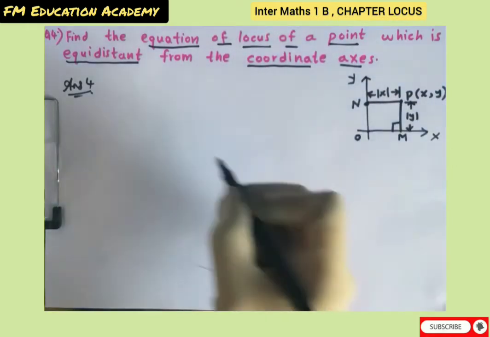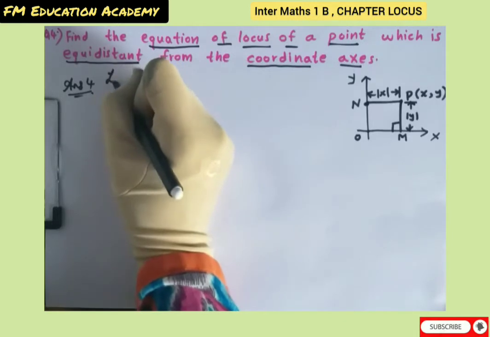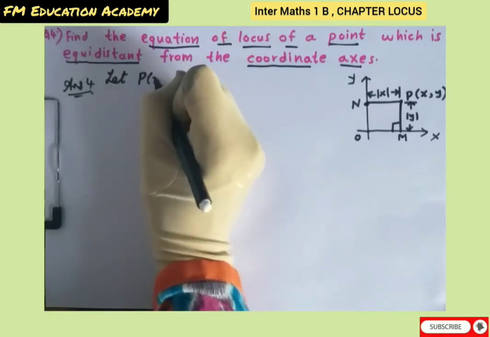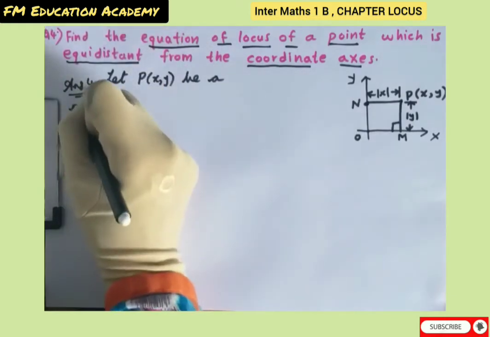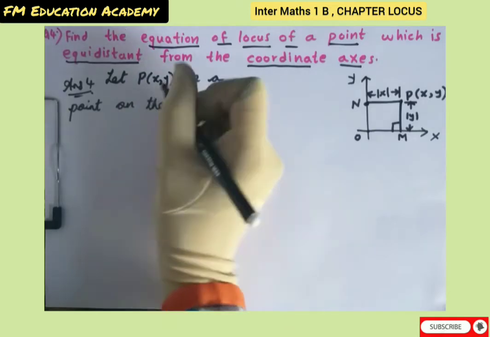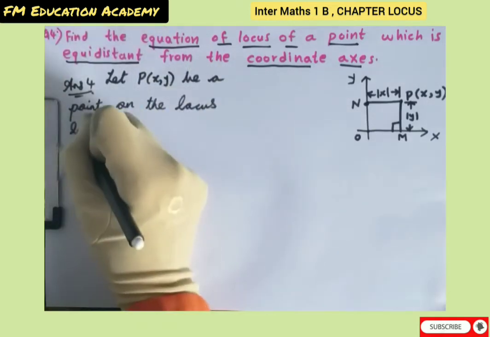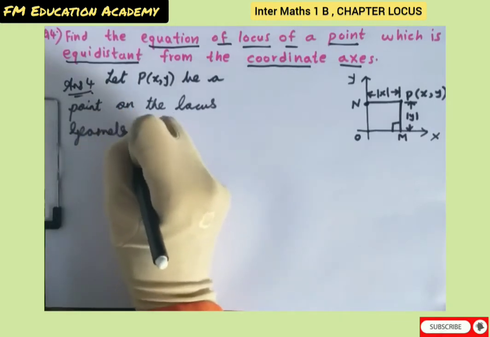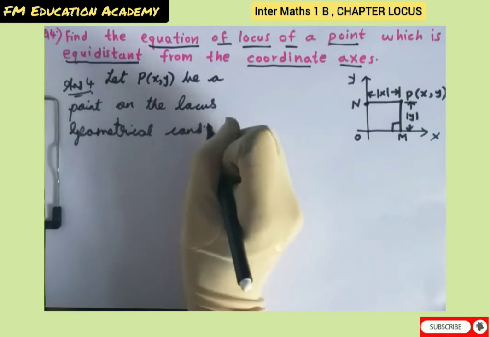First we will write the usual steps. Let P x comma y be a point on the locus. What is the geometrical condition to be satisfied by P?